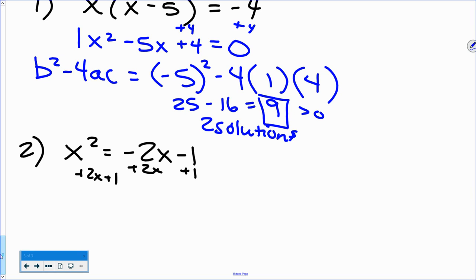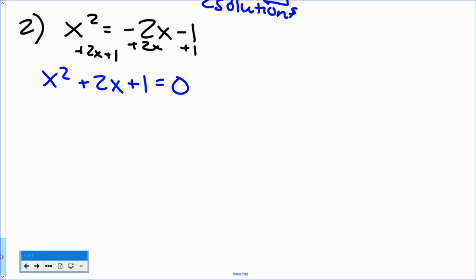Some might say that's more work because I'm moving 2 things, but now everything is positive versus moving everything to the right side and having all of them be negative, and I'll probably make more mistakes with 3 negative numbers in my a, b, and c. So that's my own personal preference. So you can decide what you would want to do in that situation.